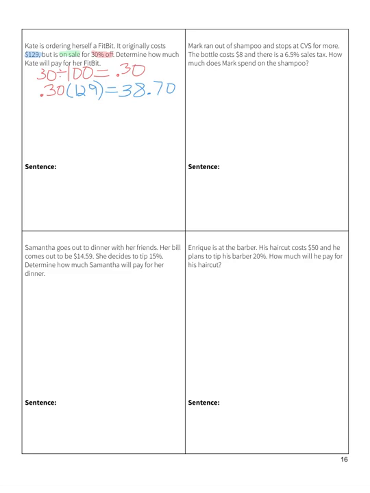So my last step is to take that original cost, $129, and subtract this new amount, $38.70. 129 minus 38.70 is equal to 90.30.